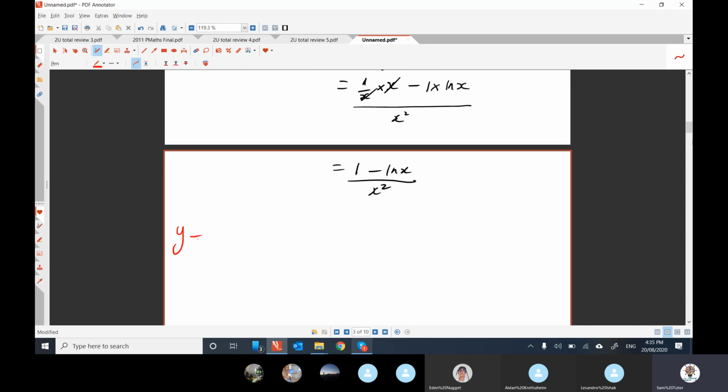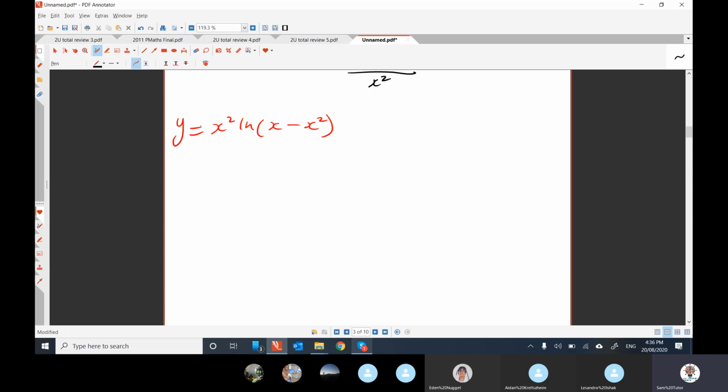Let's try now y equals x squared ln x minus x squared. That's going to be fun. What are we going to do? Differentiate this. Why? Because there's two different terms. This is u, this is v.